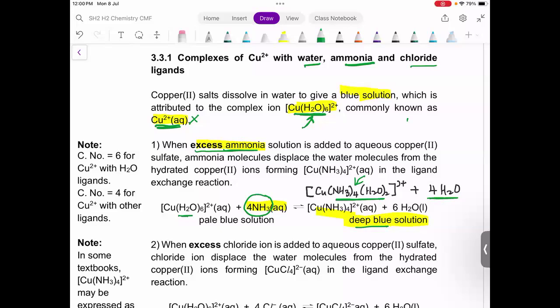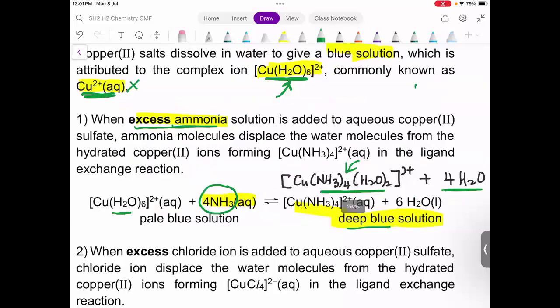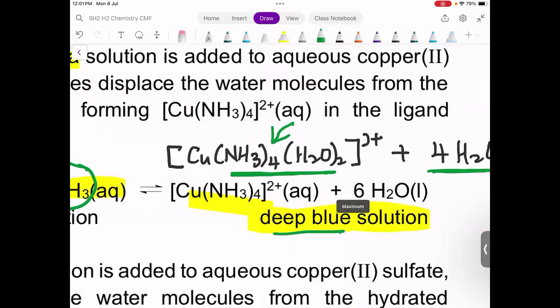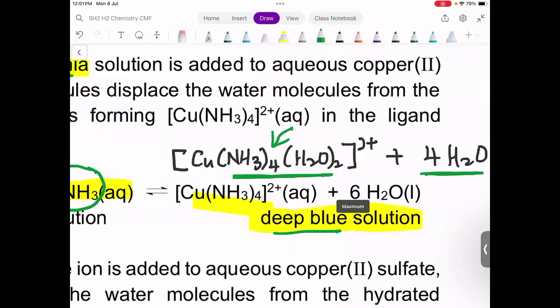It's still a 2 plus, because ammonia and water are electrically neutral, no charge. The 2 plus is coming from your copper 2.